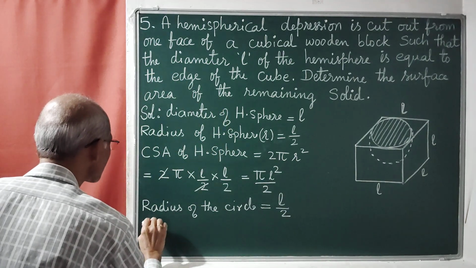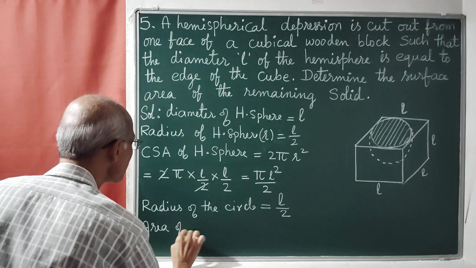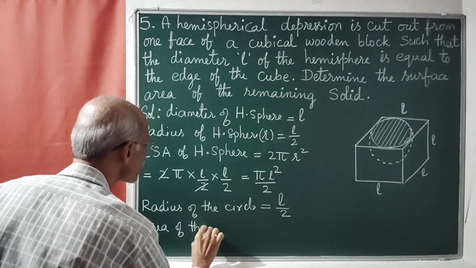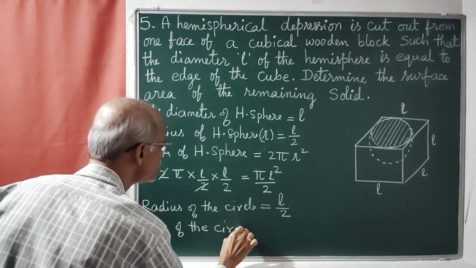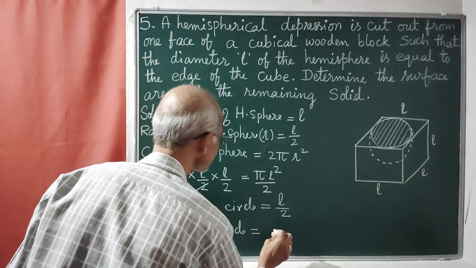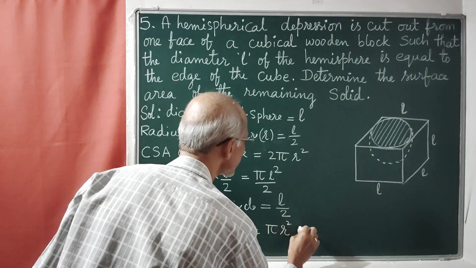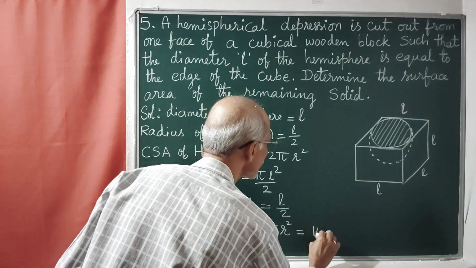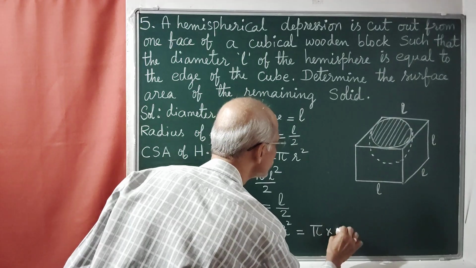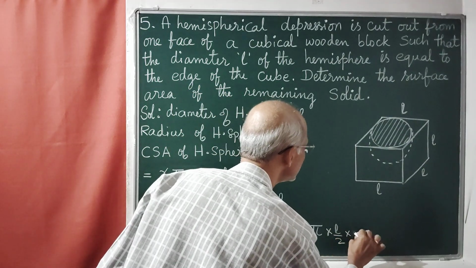So the area of the circle is equal to pi r square, that's equal to pi into L by 2 into L by 2.